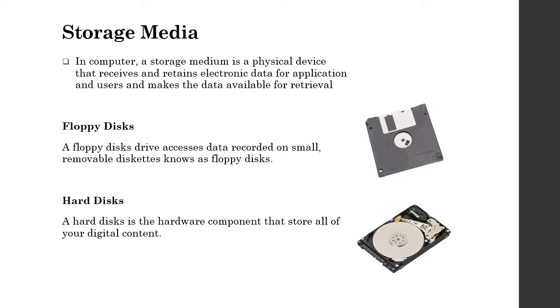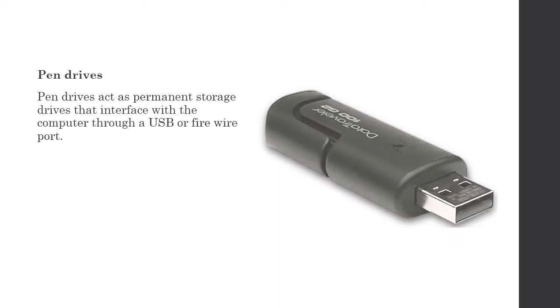Next, the pen drive. Here you can see a pen drive picture. Pen drives are typically removable and rewritable. This is smaller than a floppy disk, and it is the smallest device in storage media.